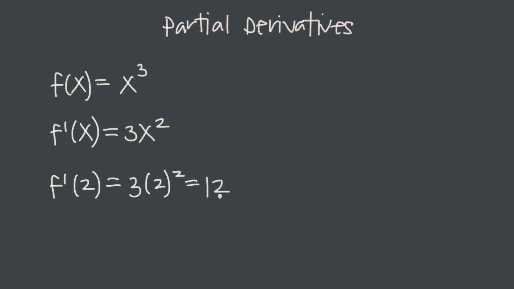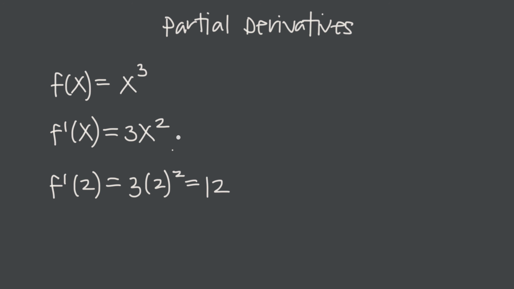What this tells me is that the original function f of x has a slope of positive 12, meaning that it's increasing, because the slope is positive when x is equal to 2. If the result were negative instead of positive, let's say I had gotten negative 12, that would tell me that the original function is decreasing.